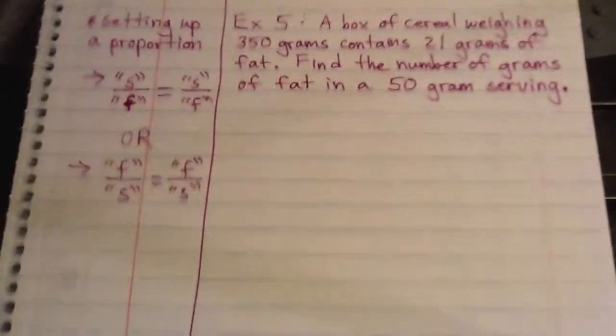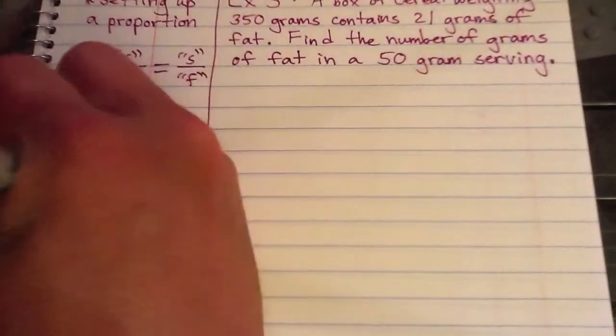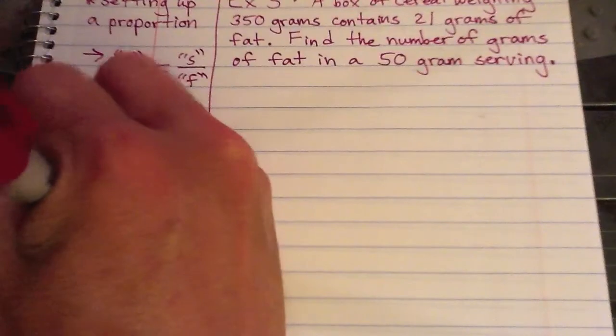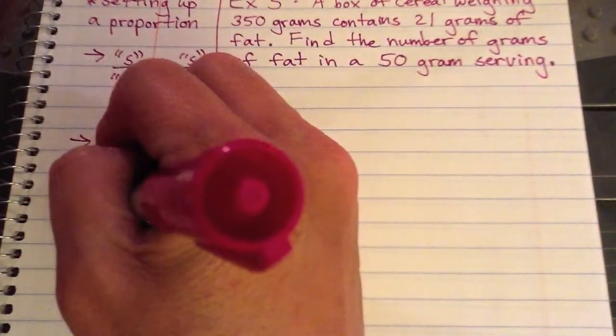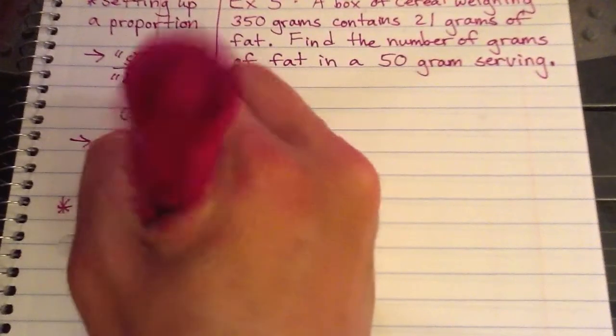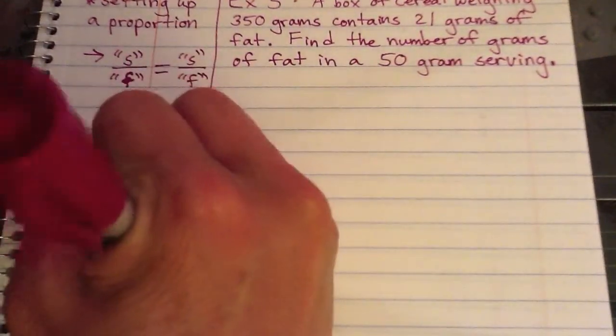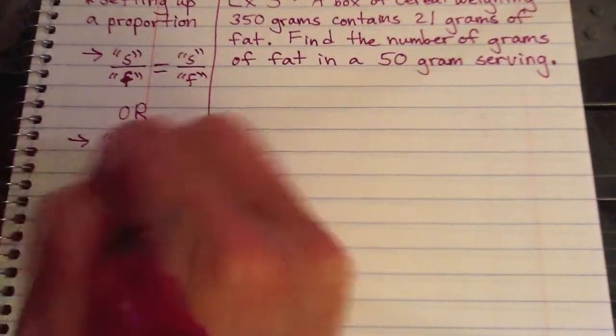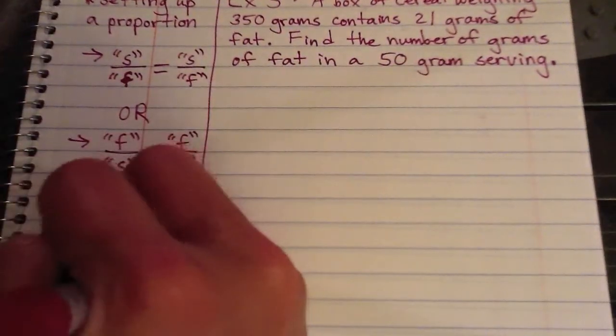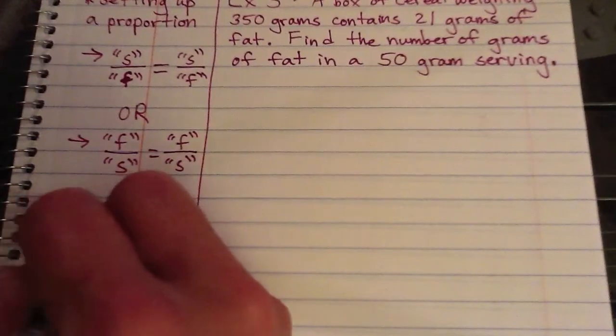One thing is going to be a variable. One part of one fraction will be the variable.